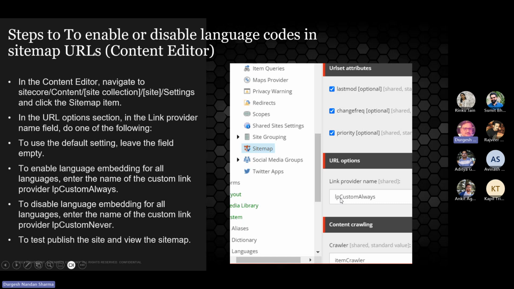And if I go with IP custom never, then it will never add the language. Then I will save this setting and regenerate the sitemap. Whatever link provider or setting we have chosen, the next sitemap generation will take care of it.